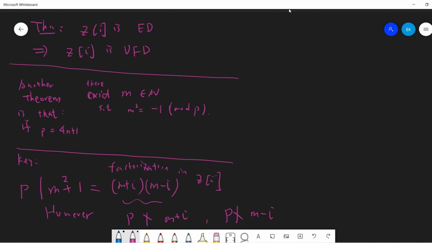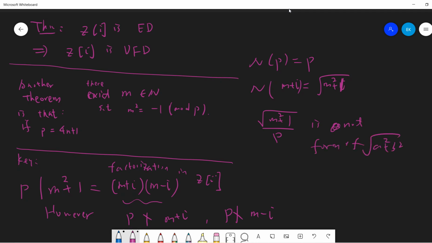The reason is that if you take the absolute value of p, then you get p. But if you take the absolute value of m plus i, you get the square root of m squared plus 1. And you know that (m squared plus 1) divided by p is not of the form a squared plus b squared.